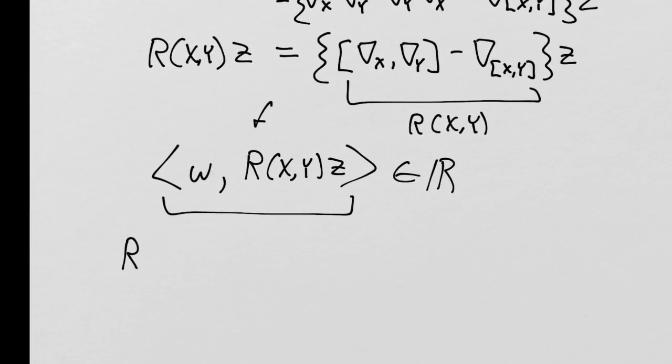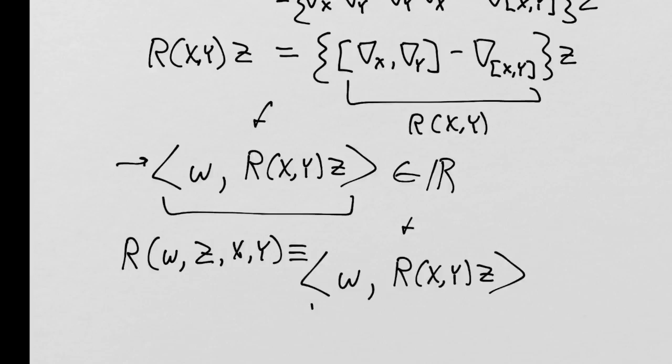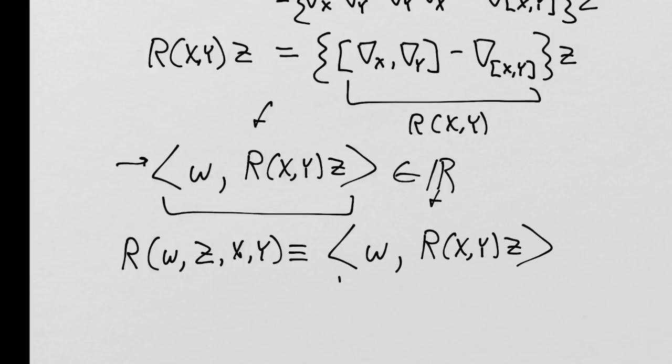And the standard notation for the curvature tensor actually swaps out the z, x, and the y, and it's defined as this thing right here. It's defined as this guy. And so this is now our curvature tensor. So this takes four things.